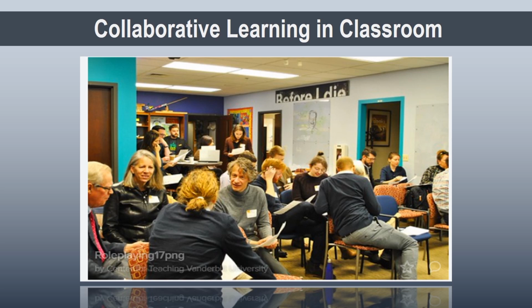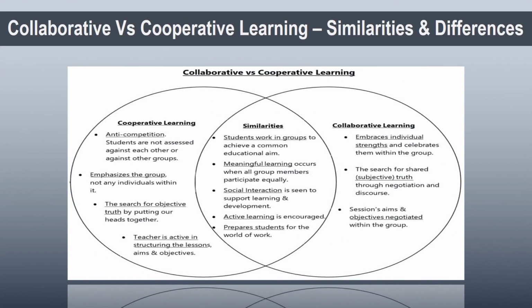So, what are the differences and the similarities between collaborative learning and cooperative learning? First, cooperative learning is called anti-competition. The students are not assessed against each other or against other groups, and it emphasizes the group, not the individual within it.